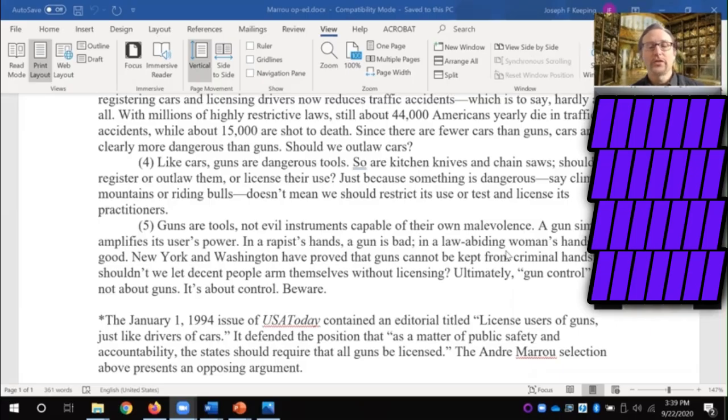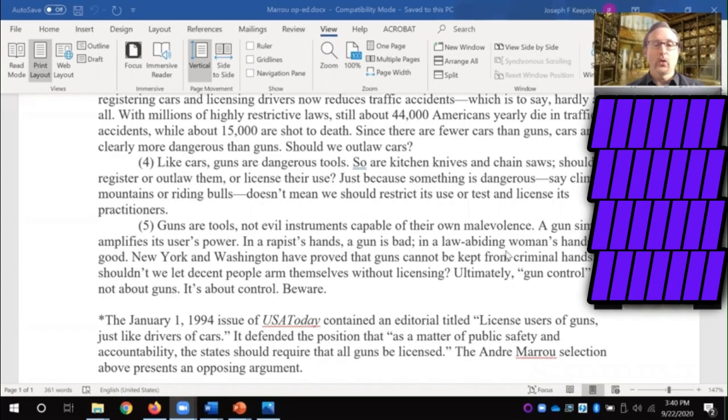It defended the position that, quote, as a matter of public safety and accountability, the states should require that all guns be licensed, unquote. The Andrew Maru selection above presents an opposing argument. Okay, well that's helpful because it tells us where it was published, in USA Today. It tells us when it was published, probably a week or two after January 1st, 1994.